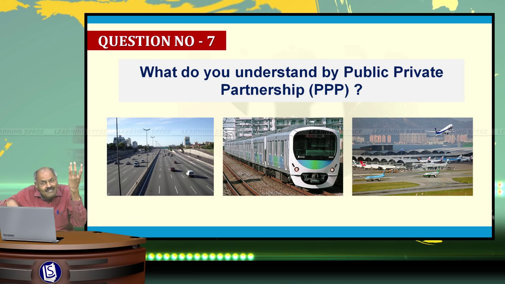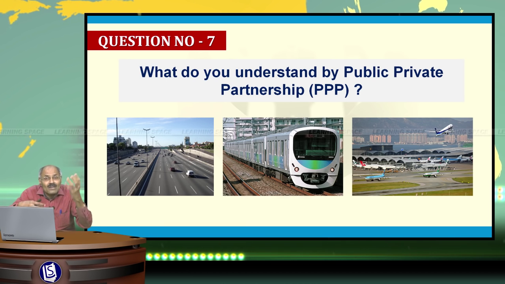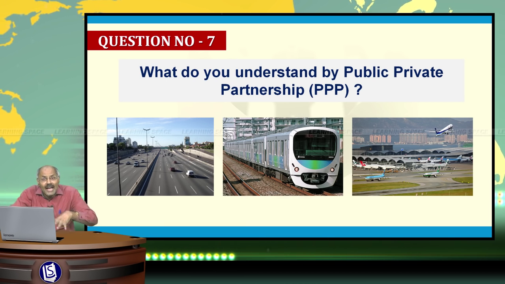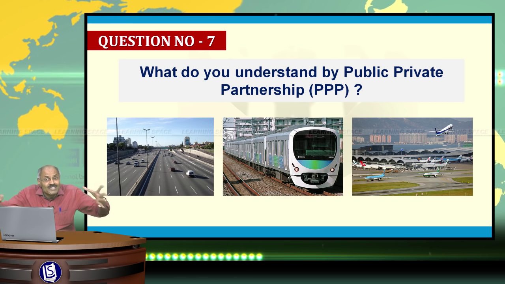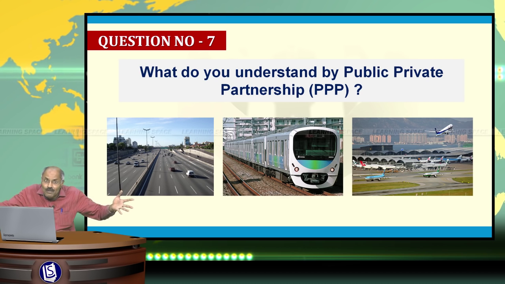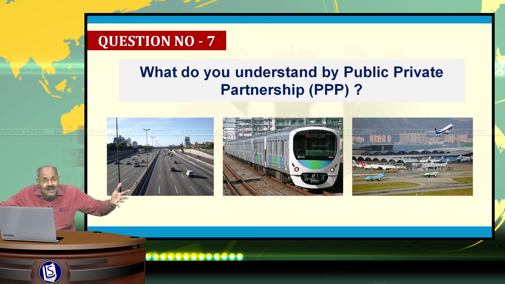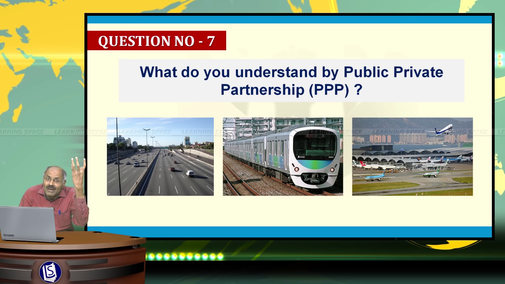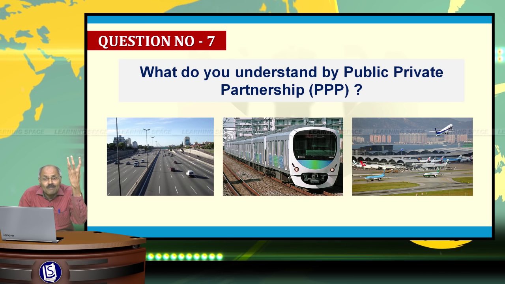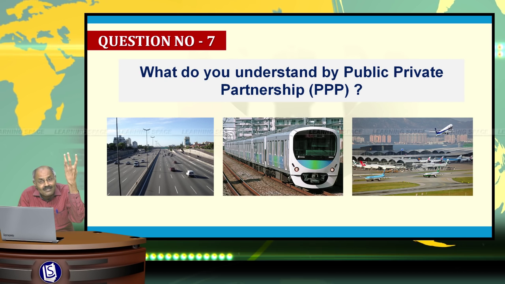They will first invest and subsequently they will take back their money as per the concession agreement with the government. Government will act as a facilitator for giving all the approvals, for giving land, etc. So this is the beauty of public-private partnership, where a public asset is created by private parties, right?